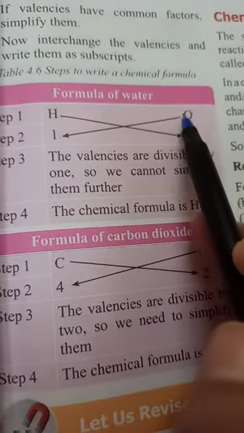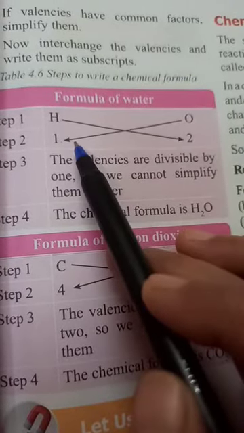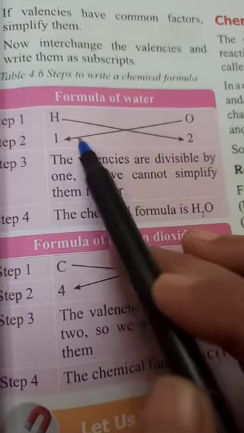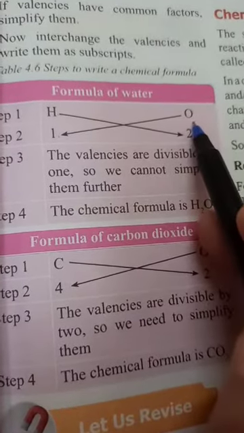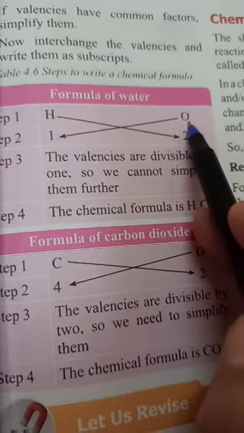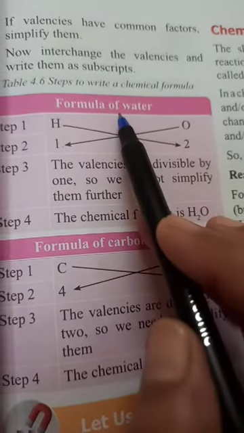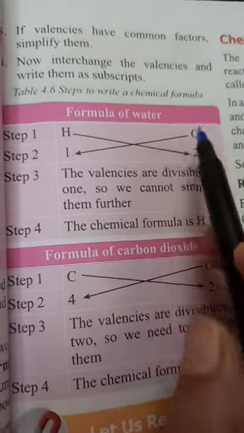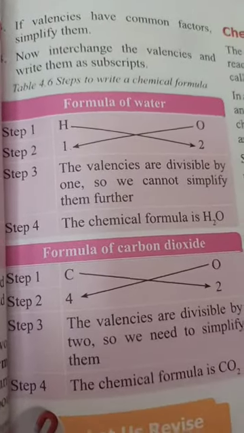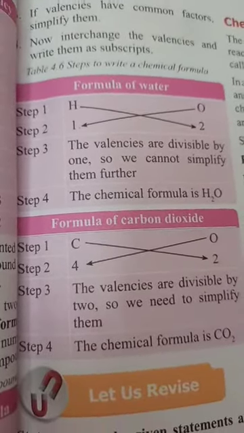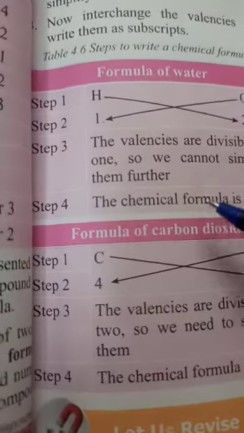H2 and O single. When it is single, we should not write any subscript. So H2O is the formula of water. So these are the steps when we want to write any formula.